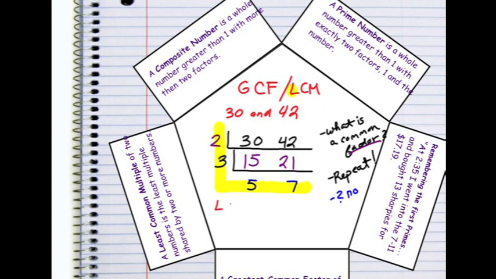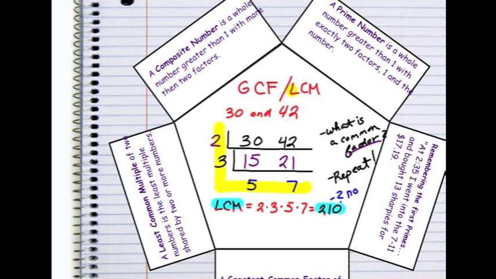The LCM is going to equal all the parts that exist in the L that I just drew. The 2 times the 3 times the 5 and times the 7. So when I multiply all those numbers together, 2 times 3 is 6, times 5 is 30, times 7 is going to give me 210. Guess what? 210 is my LCM. So my LCM is equal to 210.